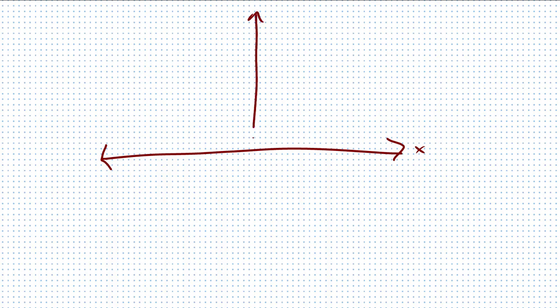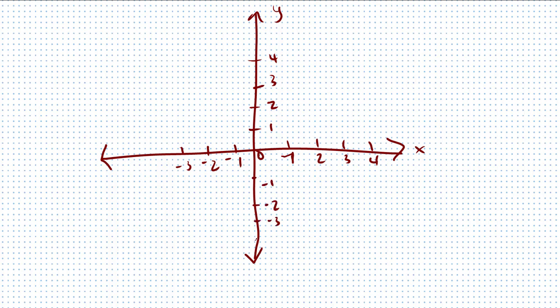So if I take my graph here and create my X and my Y going up and down, with zero at the origin, and I talk about -1 here, -2, -3, 1, 2, 3, 4, and 1, 2, 3, 4, and -1, -2, -3, -4.